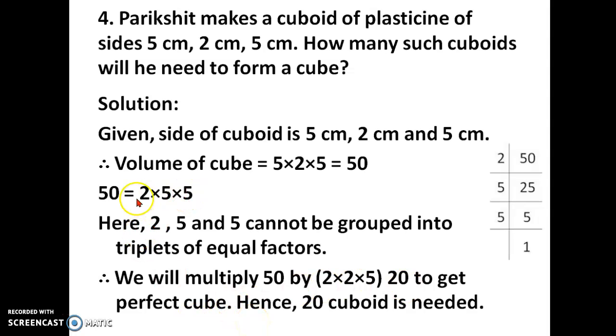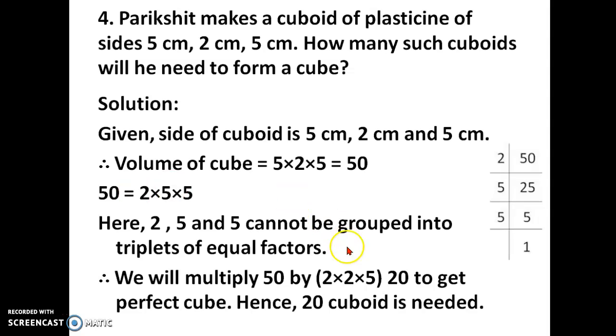See, if you see here, we have one 2 and two 5s. So how to make it into a cube number? If you multiply with one more 5 and two more 2s, then we will get a set of triplets of 2 and of 5.